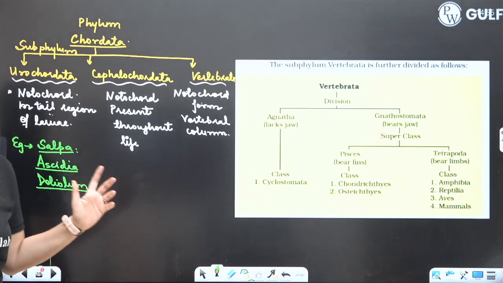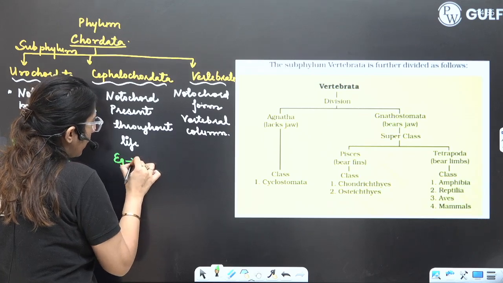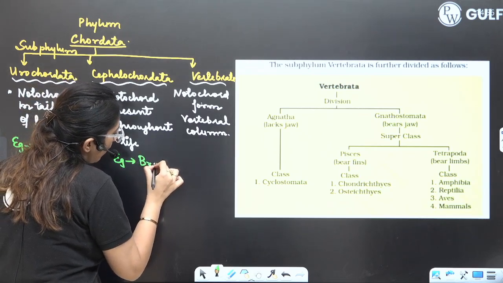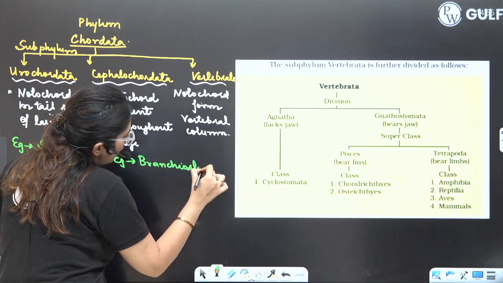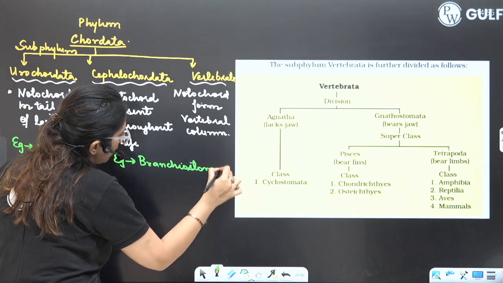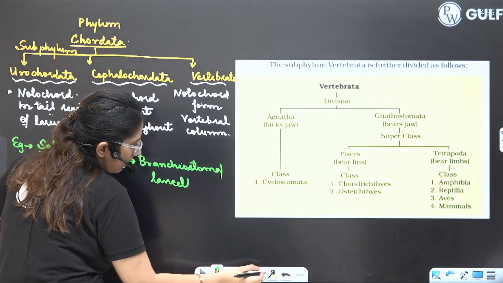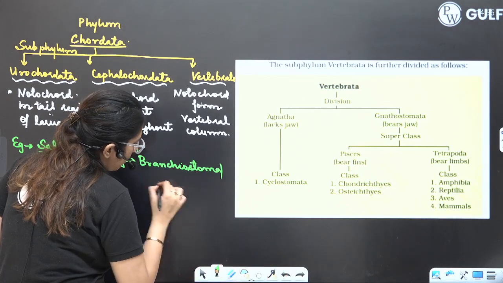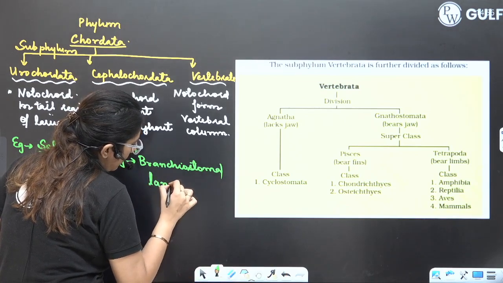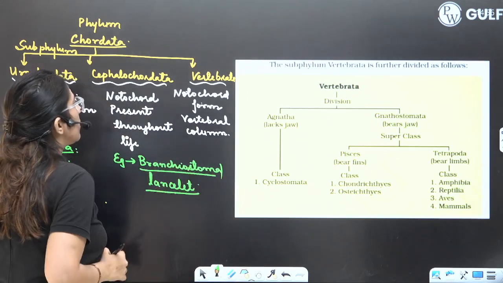Cephalochordates are those where the examples are Branchiostoma, that is the lancelet, lensless, Amphioxus. So they come under this category.